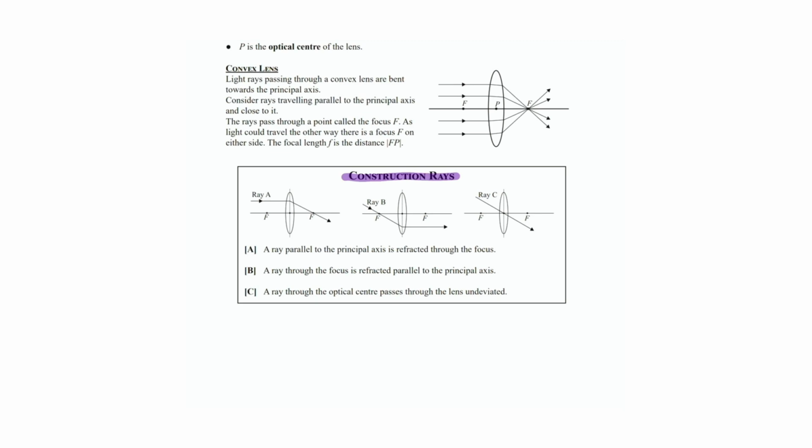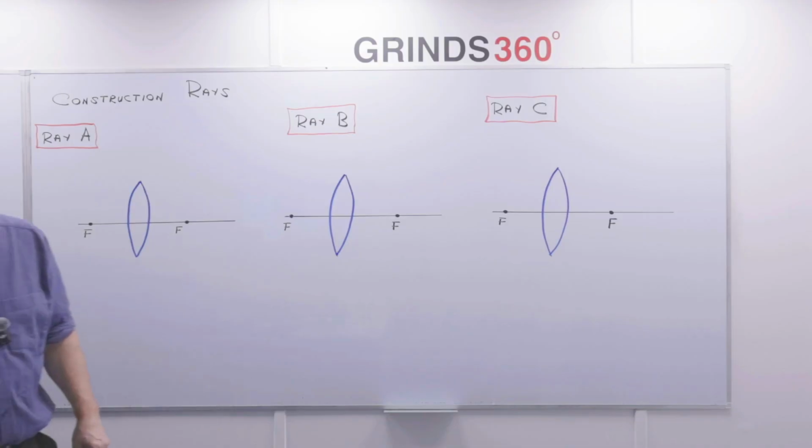And in order to do that, we need at least two rays. So I've given you three rays here, ray A, ray B, and ray C. And these are three rays whose fate I know. I know what's going to end up happening to them. So let me have a look at these in detail on the board.